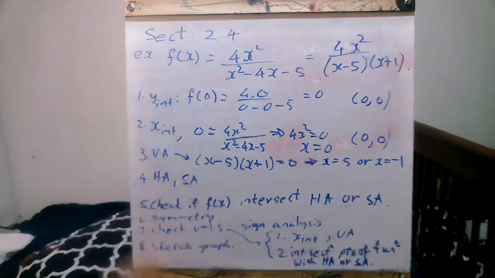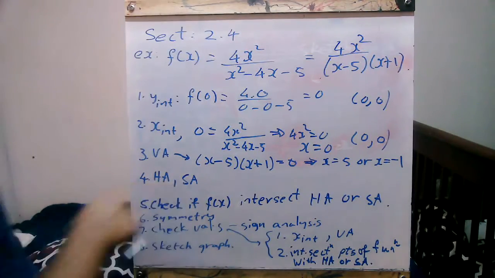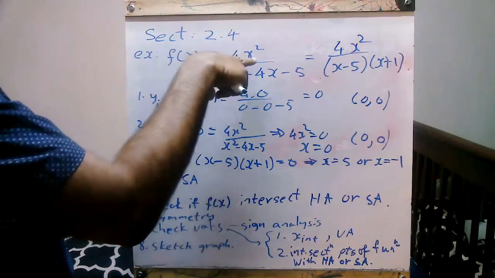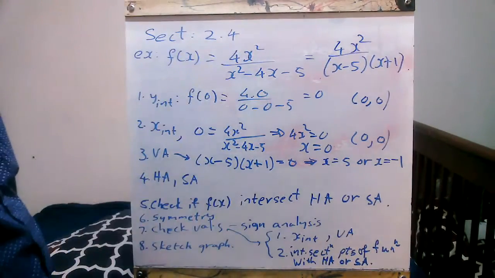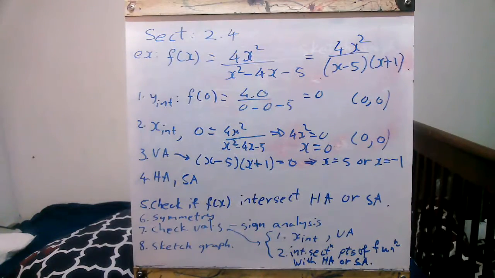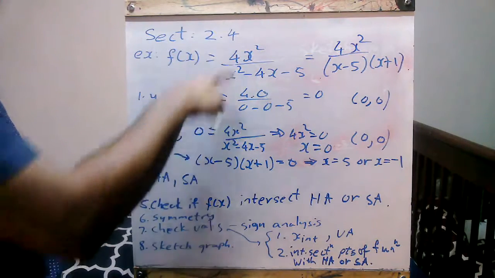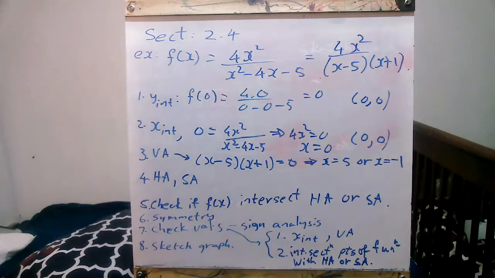Now horizontal asymptotes or slanted asymptotes. Now let's use the short method. The degrees of the numerator and denominator are both the same, therefore there cannot be any slanted asymptote, but there could be a horizontal asymptote. How do we find the horizontal asymptote?